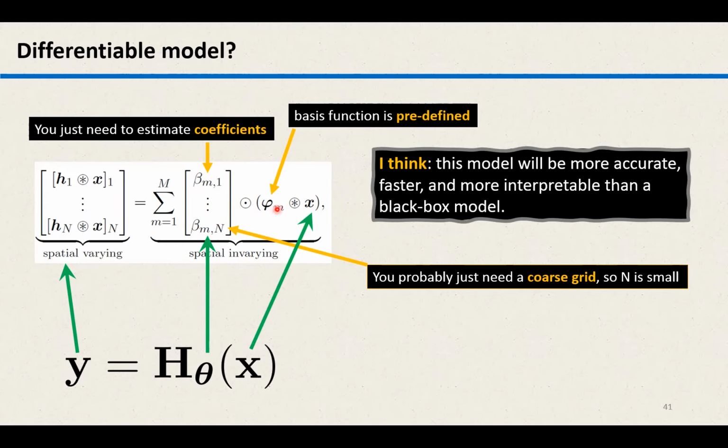The phi m are the basis functions that you know, so they can be pre-computed. And if you know these betas, that will become a linear model. If you don't know the beta, that will become a bilinear function, but that's also a reasonably studied problem. Now, some of you may wonder how many betas you need in order to encode this image.